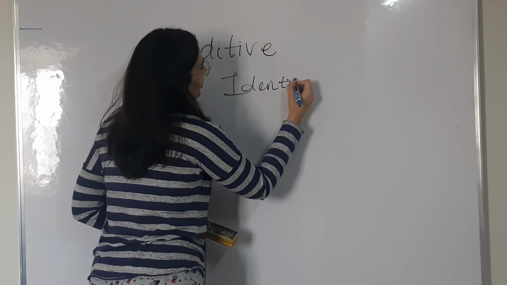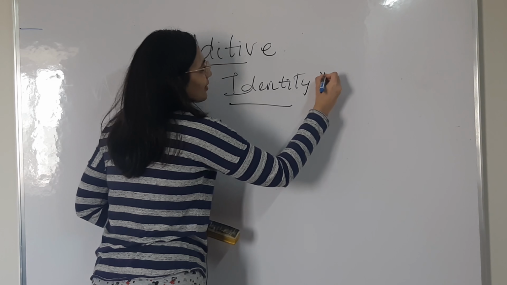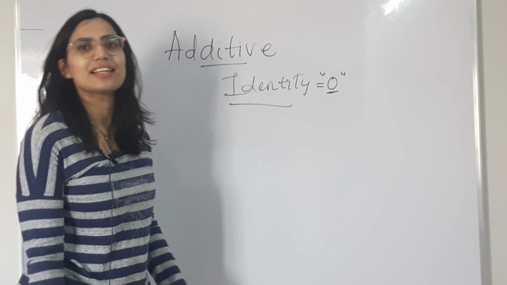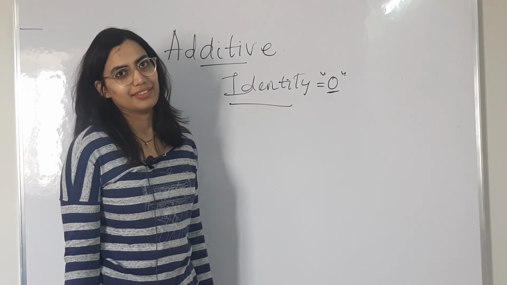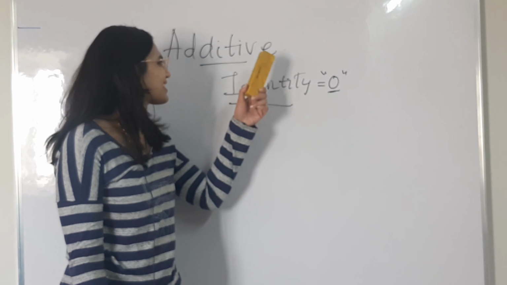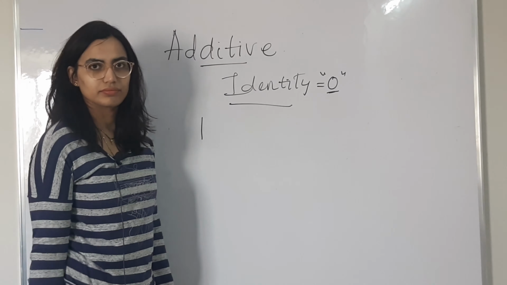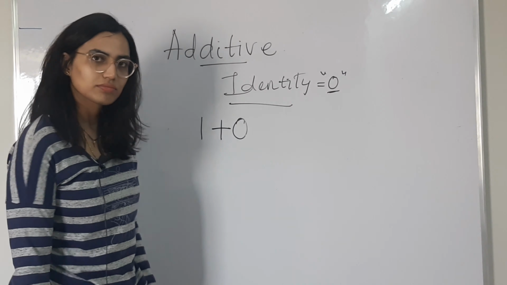Additive identity. What is additive identity? 0 can be termed as additive identity. 1 is multiplicative identity. How? What exactly does this mean? Suppose I'll write 1. I'll add 0 to 1.